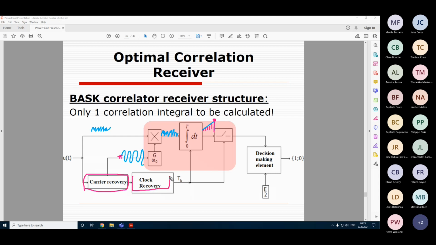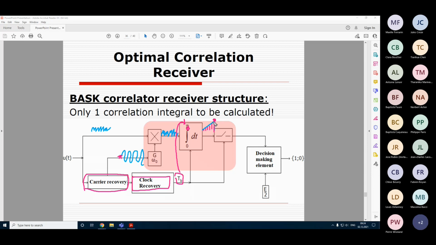We also need clock recovery, so sampling, the synchronization of this symbol duration, because this tells us how long we need to integrate. This is the limit of this integral, so it goes here, and it's quite important to integrate over the correct duration of time.